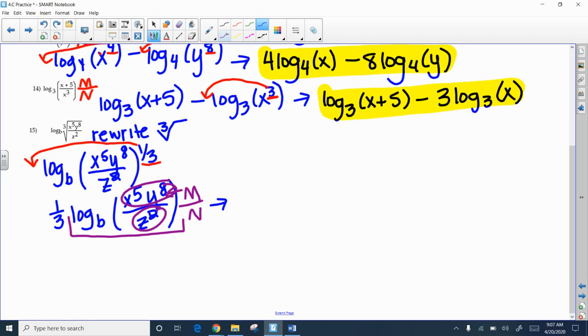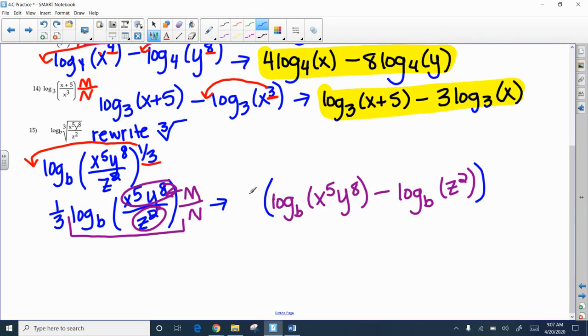So just that part is going to be log base b of x to the 5th, y to the 8th, minus log base b of z squared. Okay, so notice it's in the form log base b of m minus log base b of n. But this whole expression had the 1/3 in front. So I have to put this in parentheses with the 1/3 in front still.